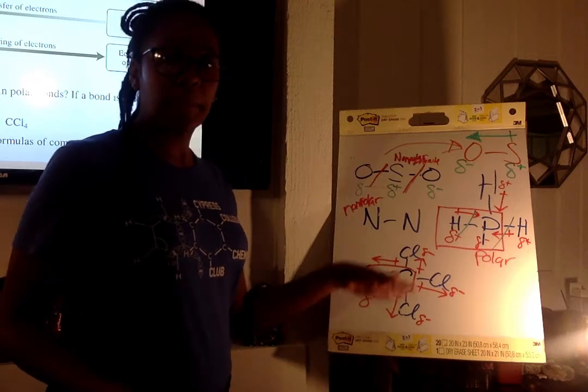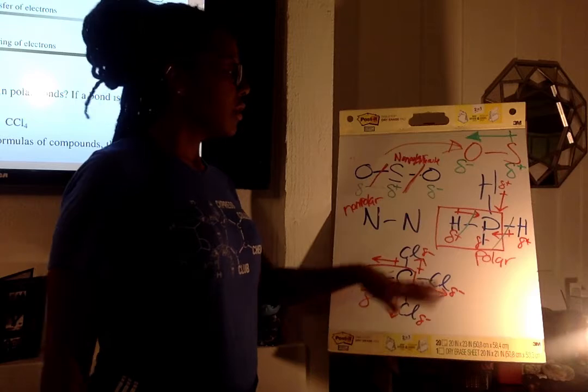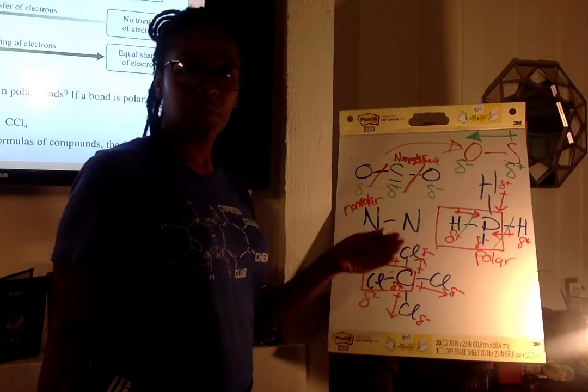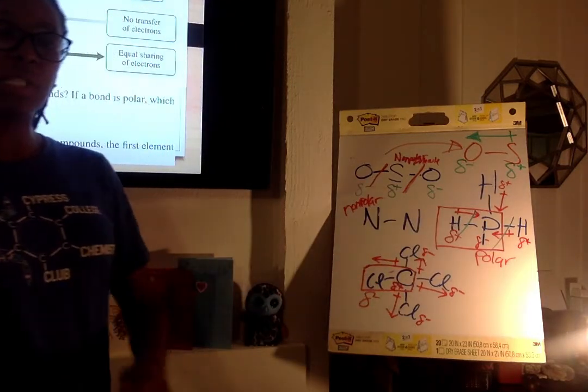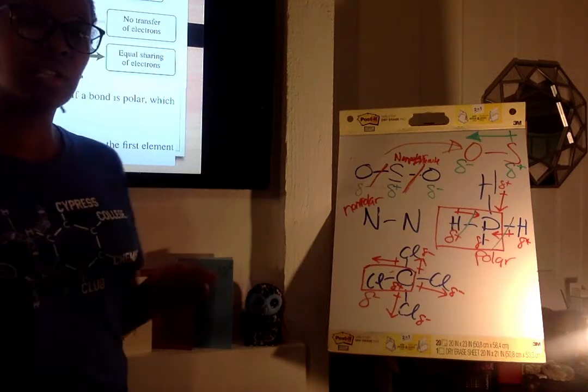So basically, the only time, like the last one with PH3, this is polar because it had an uneven number of pulls. Here we have 4 different pulls of the same element, so that's going to equally cancel each other out.